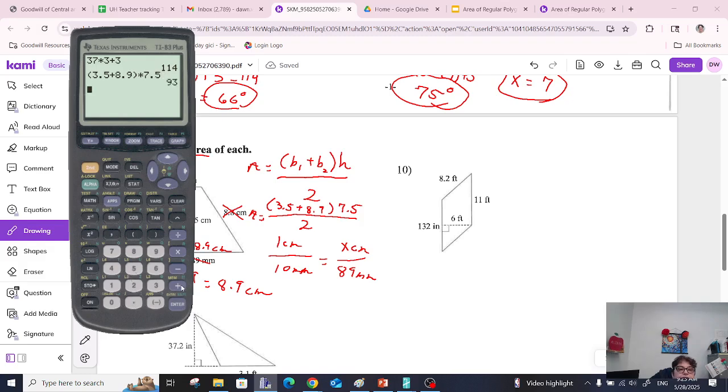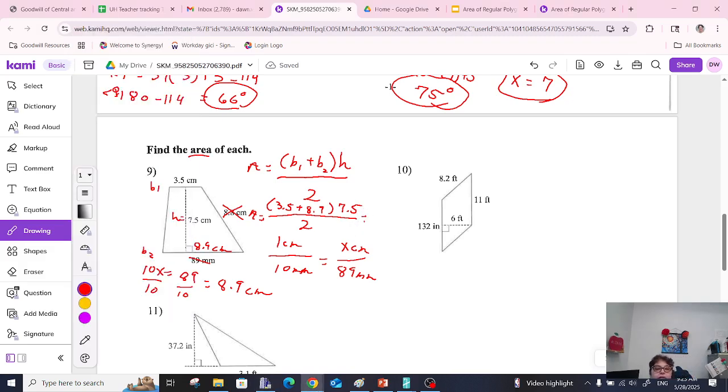I get that answer, and then I have to divide by what? Divide by 2. And so this answer would equal 46.5 centimeters squared, because it's an area unit.